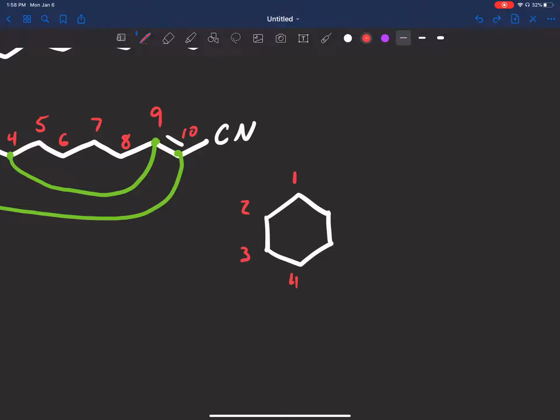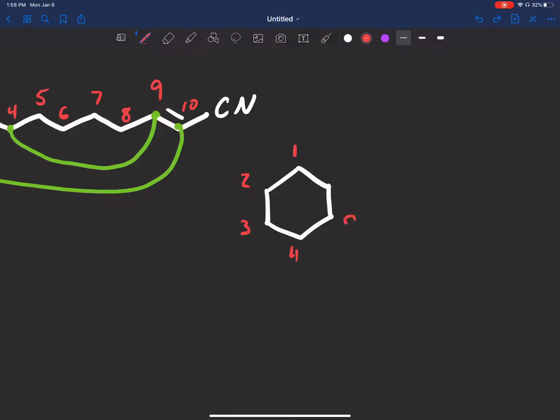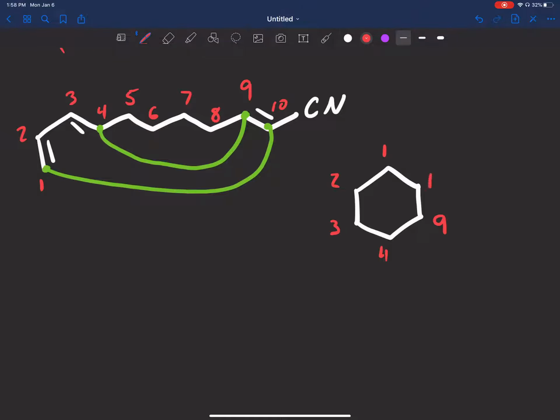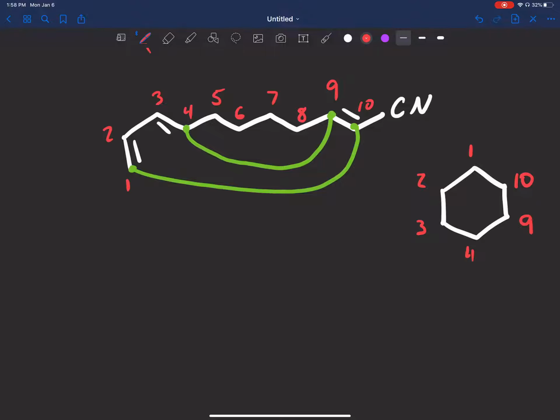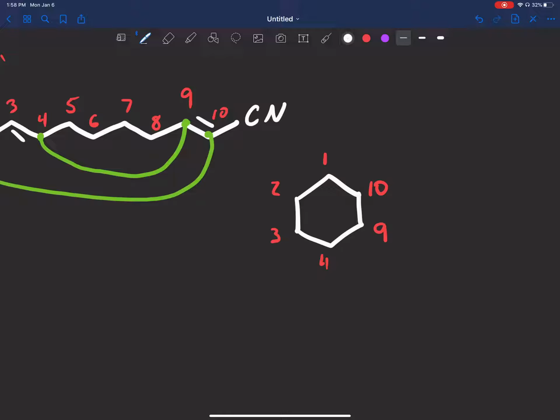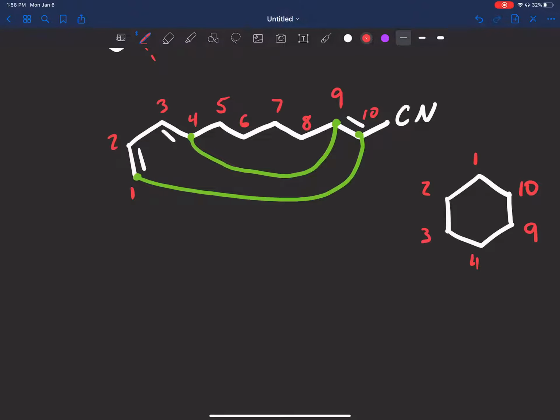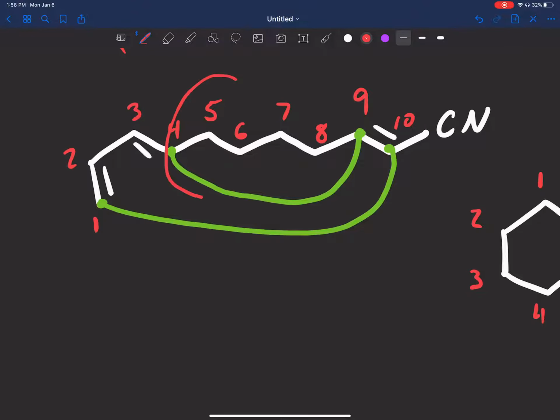So just be careful about that and make sure you keep it consistent. 4 is connected to carbon 9, 9 is connected to carbon 10, and 1 is connected to carbon 10. So now we have one of our rings.